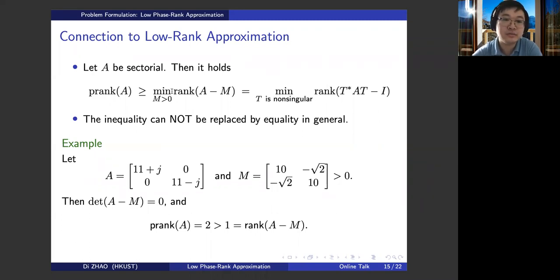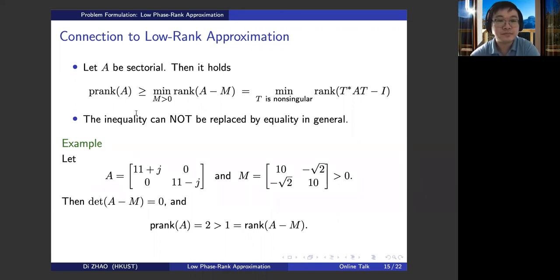The phase rank of a matrix A can be lower bounded by a minimum rank: given a sectorial matrix A, the phase rank of A is greater than or equal to the minimum rank of A minus M, where M is a positive definite matrix. Or further, it can be written as another minimum rank problem.